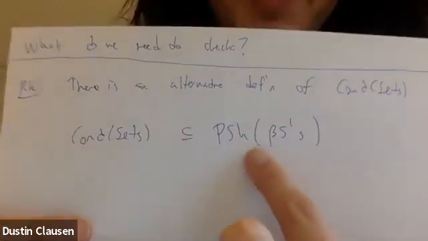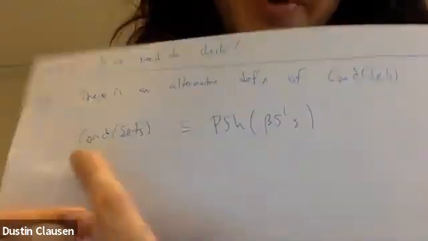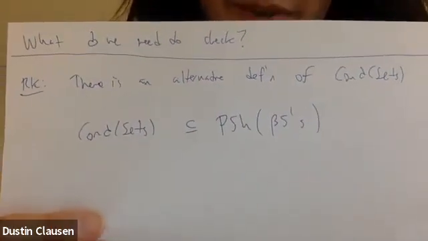Right, so first of all, for kappa condensed sets, the claim is that condensed sets, if you view it, I'll speak very loosely here, as a full subcategory of the presheaf category on all beta S's. Of course, this is not a category, so the Hom sets are not small here, but they are small here. So permit me this slight imprecision of pretending this is a real category for a second.